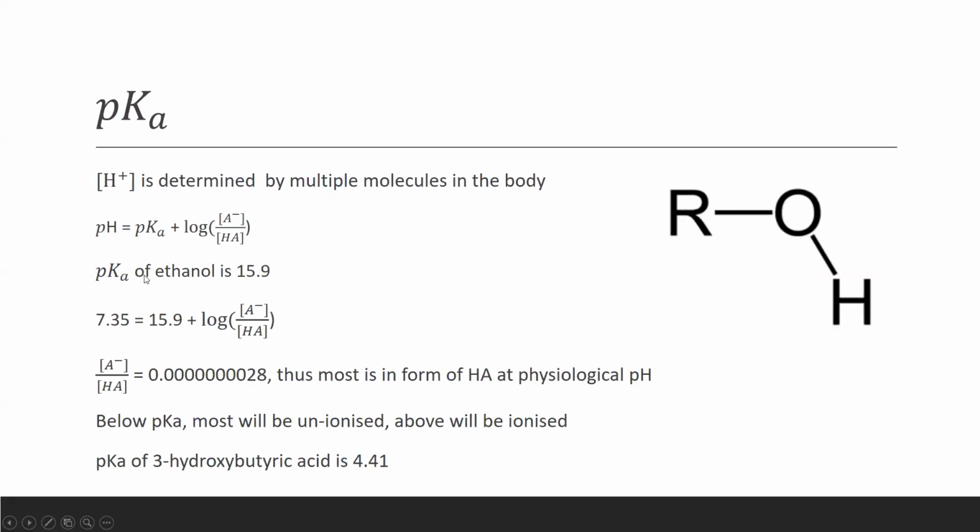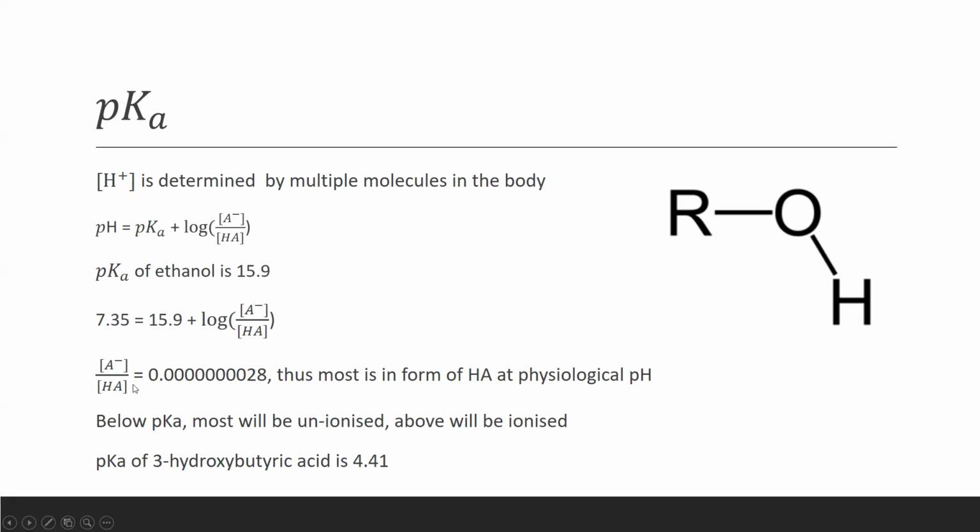For example, the pKa of ethanol is 15.9, and we know that the pH of the body sits around 7.35. Therefore, we can work out the ratio of A- over HA by subtracting and reverse logging this value.